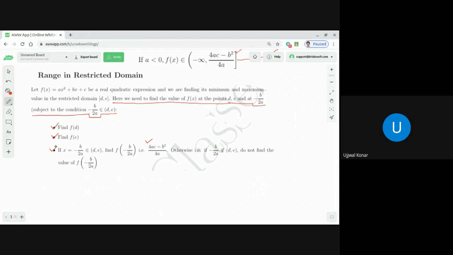Once you find these values, two values obviously and the third value depending on the condition I just said, then we define lowercase m as the minimum value among all these three, and uppercase M as the maximum value among all these three. Then we find the range as lowercase m to uppercase M.